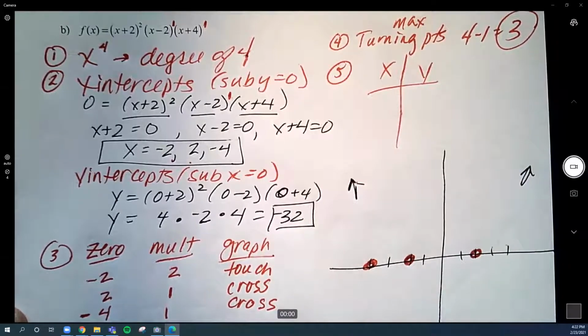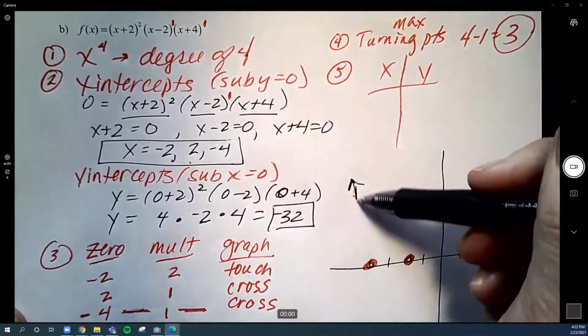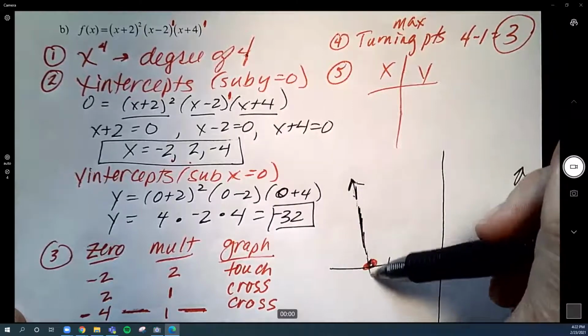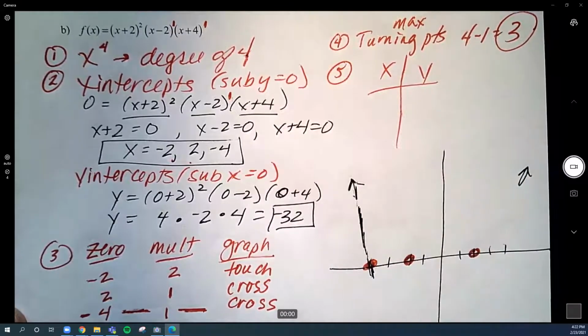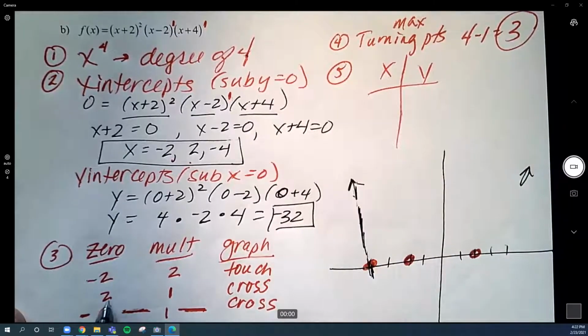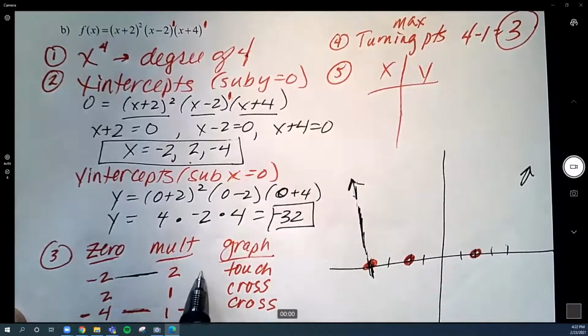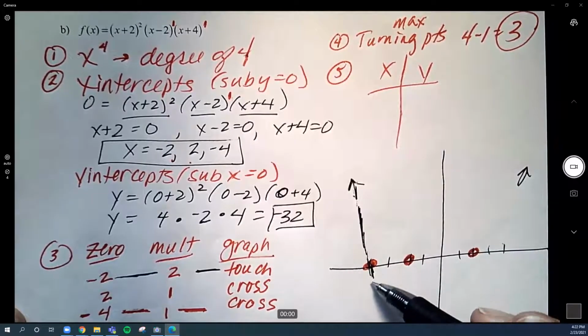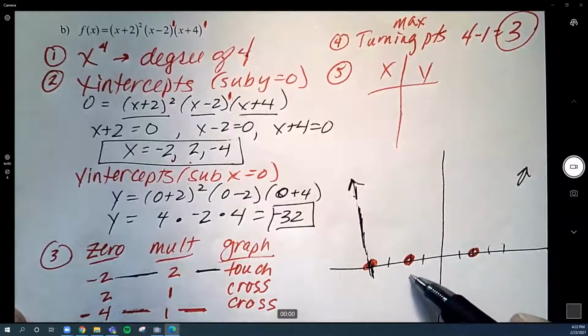Now at each of those zeros, we know what it's going to do. At the 0, -4, it's going to cross through to the other side. So this graph is going to come down to this 0, and it's going to cross through to the other side. At the 0, -2, it's going to touch. So at some point, this will reverse direction, come back up, and it will simply touch and reverse.